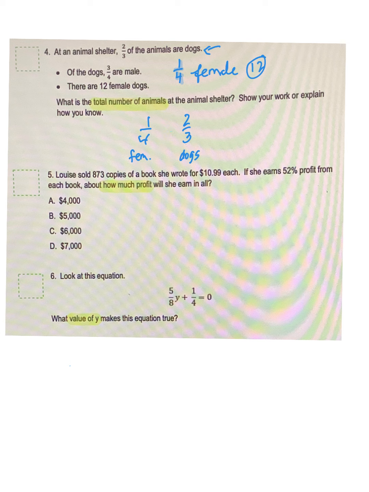So now we have 1/4 times 2/3. This will tell us how many female dogs there are. A quarter of the dogs are female, and they're not all dogs, only 2/3 are dogs. So let's multiply. We get 2 over 12, or 1/6. So now we know that 1/6 of the animals in this animal shelter are female dogs.